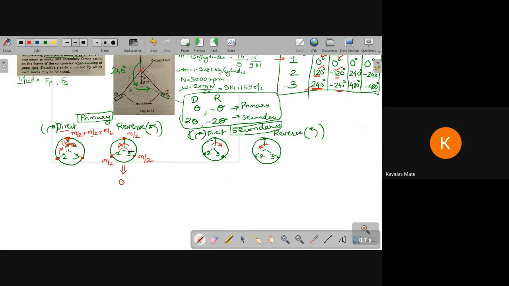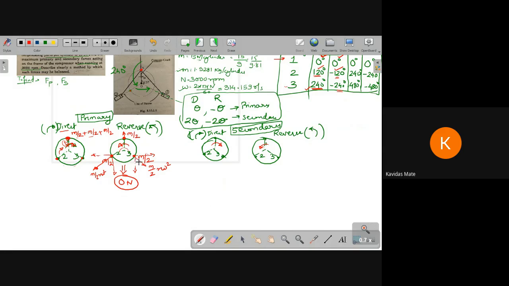Resolution can be done in this way because this is m by 2 r omega square, taking theta and cos theta. So this 2 will balance out with this, and it will be 0 Newton.